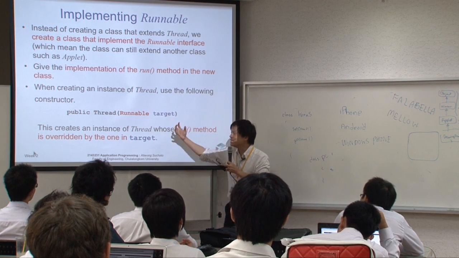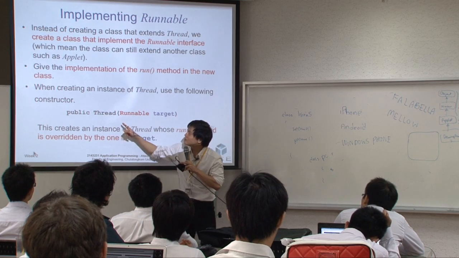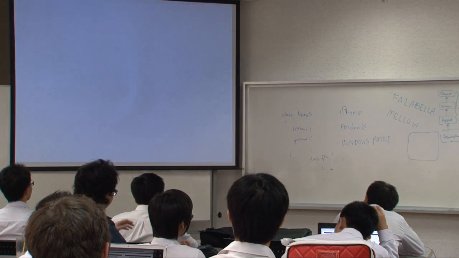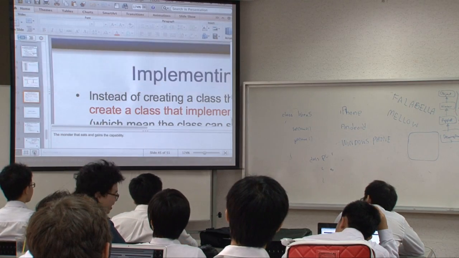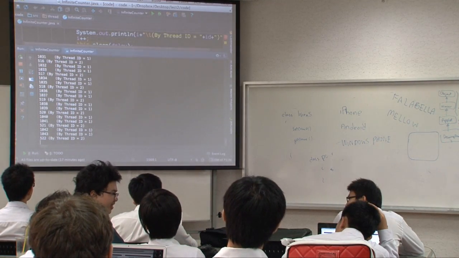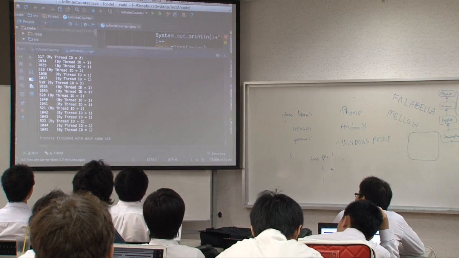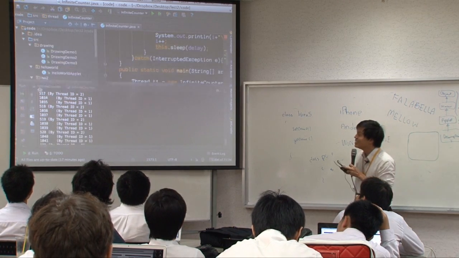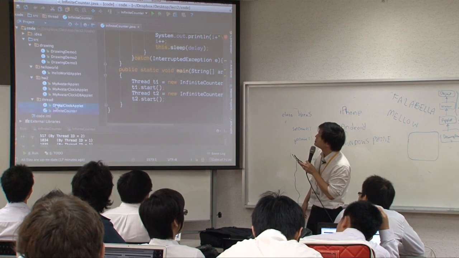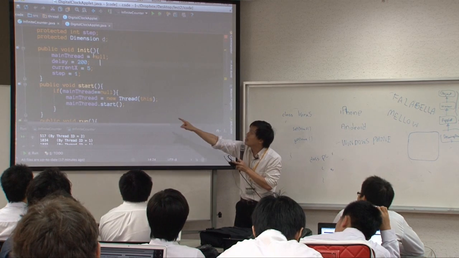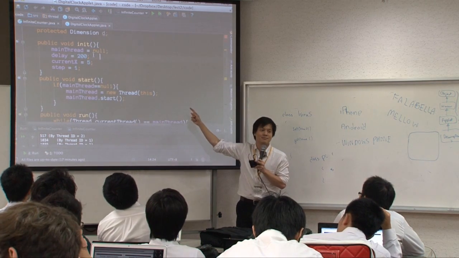It just takes, when you call new, okay, could you please switch to the code, please? Oh, it's still running, and right now it's 1,000 already. Okay, this line. Main thread equal new Thread this.